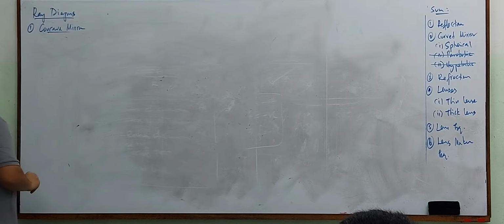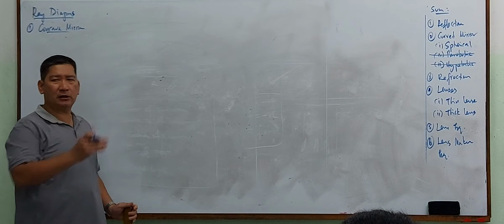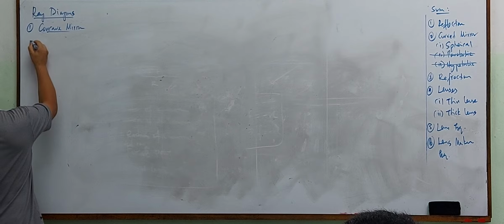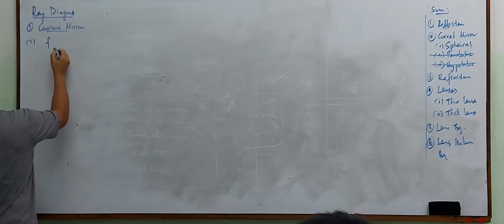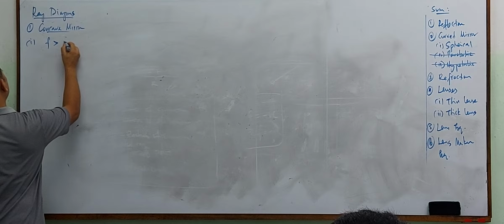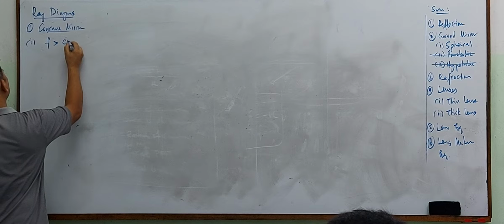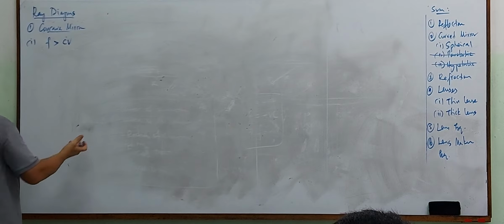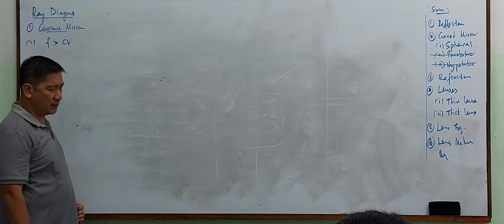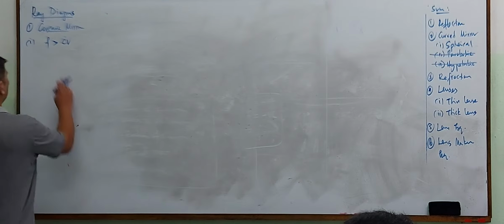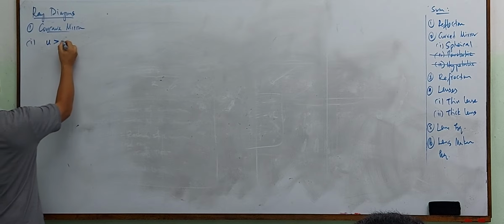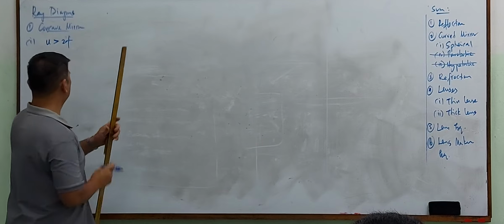We're going to put the object far away from the C point, where the distance U is larger than R. Sorry, the distance U is larger than 2F. That one is better.